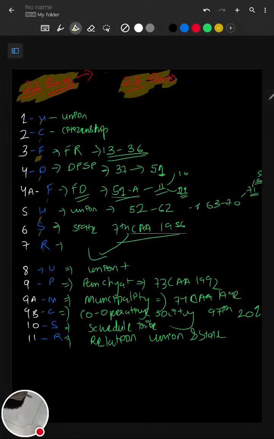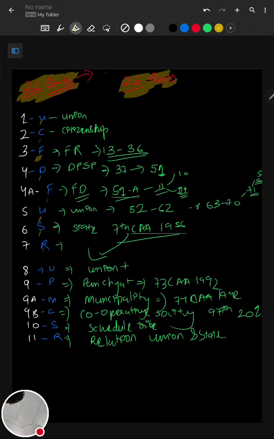U for union first, then second citizenship, then third fundamental rights, then fourth Directive Principles of State Policy, then fourth A fundamental duty, then fifth union, then sixth state, then seventh repealed. The repealed one was the zamindari system, which was repealed under the 7th Constitutional Amendment Act of 1956.